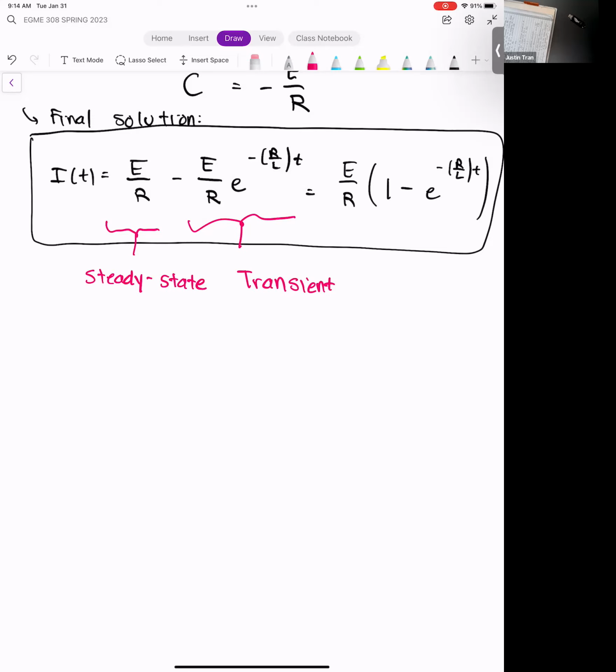Remember, you don't actually have to backtrack through your entire solution to figure out which is the steady state and transient. Let's look and see what happens when t gets large.